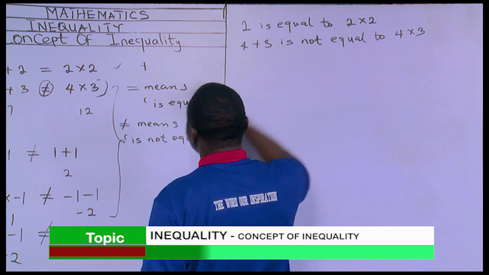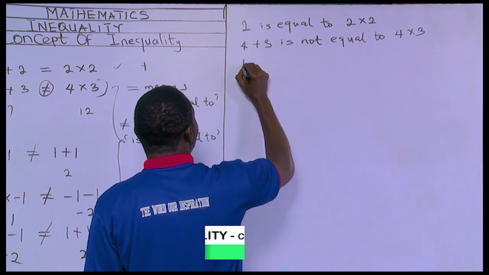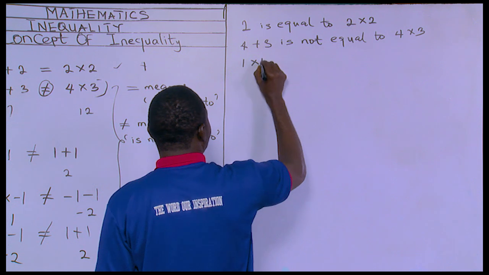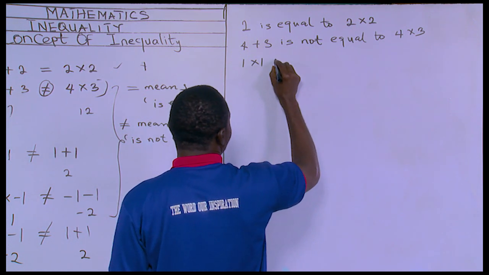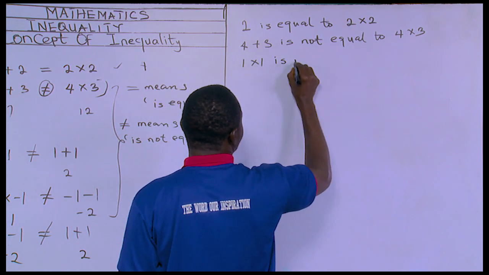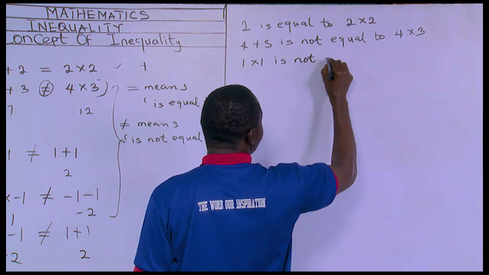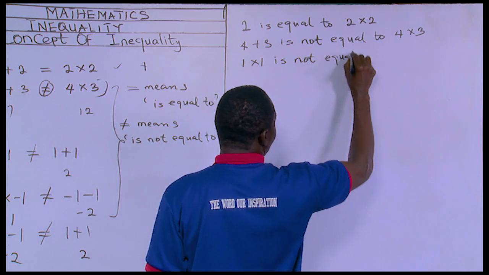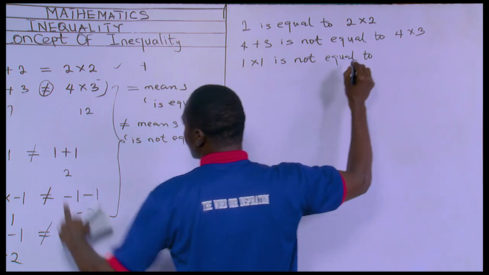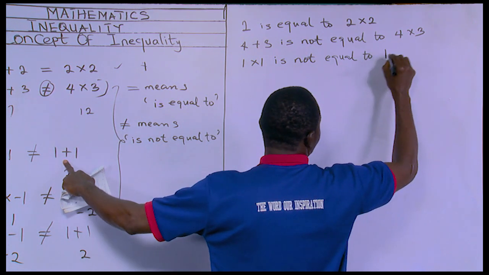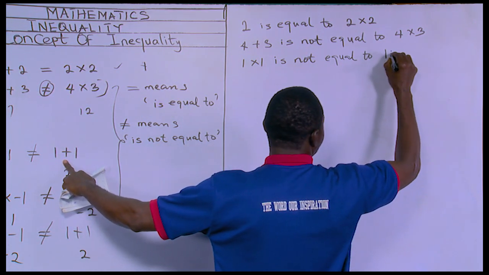Okay, let me write this. 1 multiplied by 1 is not equal to 1 plus 1.